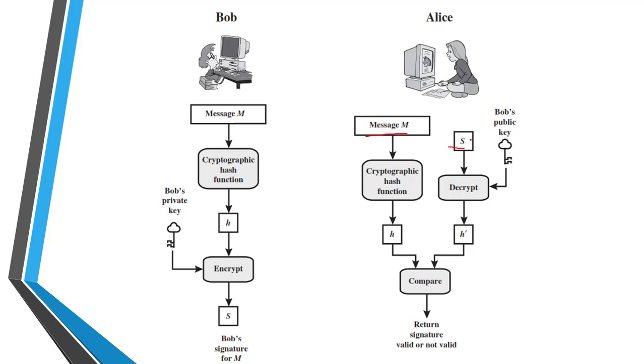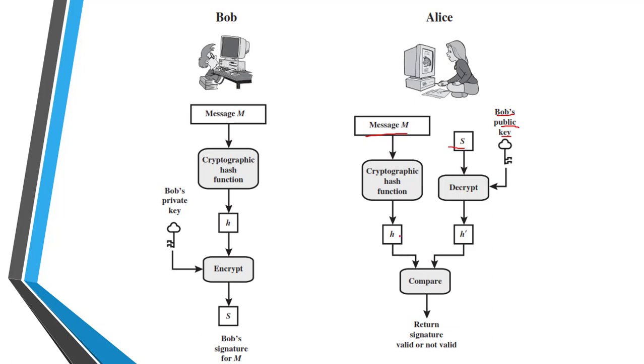Now Alice will decrypt the signature using Bob's public key, because the signature is encrypted using Bob's private key. That's why it can only be decrypted using Bob's public key. After decrypting the signature, we get the hash code of the original message. On the other side, on the original message, the cryptographic hash function is applied and the hash code is calculated.